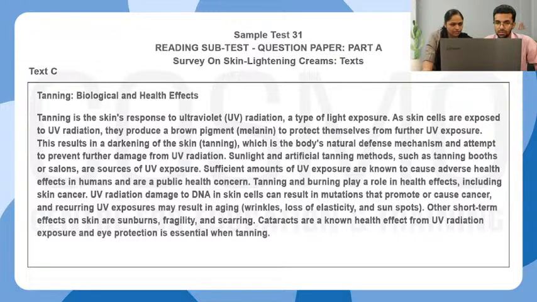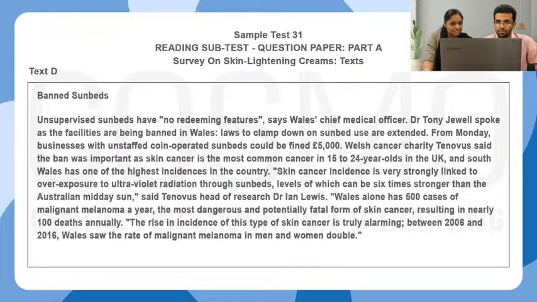I think it's in text D. Let's see if we can find out. Here in line number 6, skin cancer incidence is very strongly linked to overexposure to ultraviolet radiation through sunbeds. So our answer for the question is D. Question number 2, the answer is D.